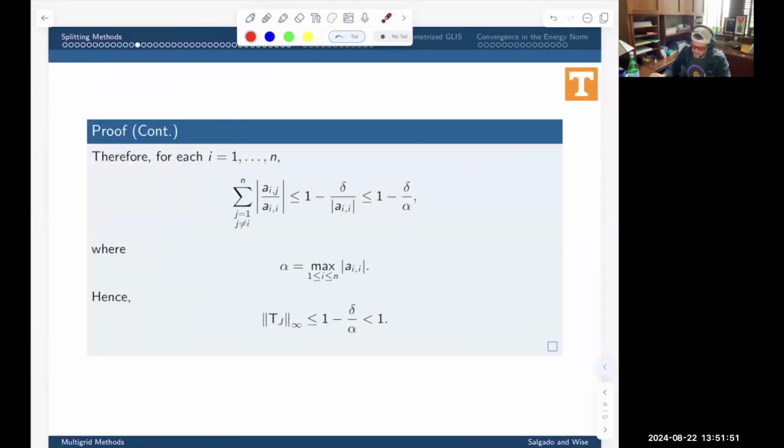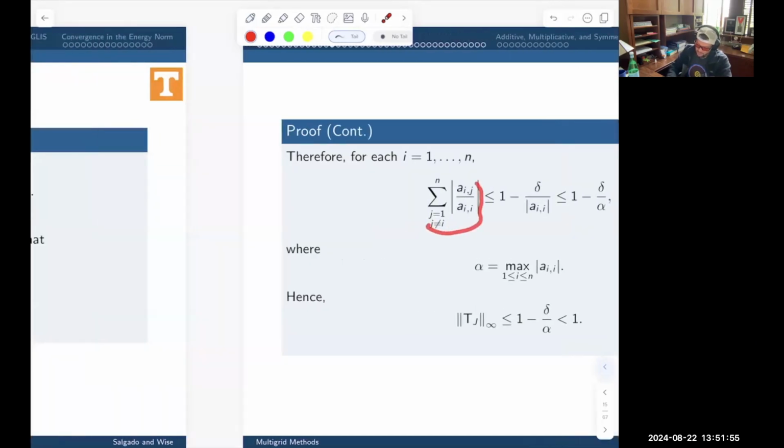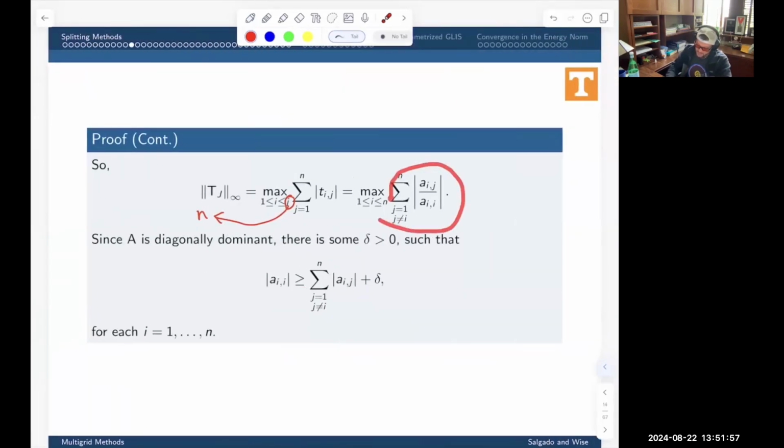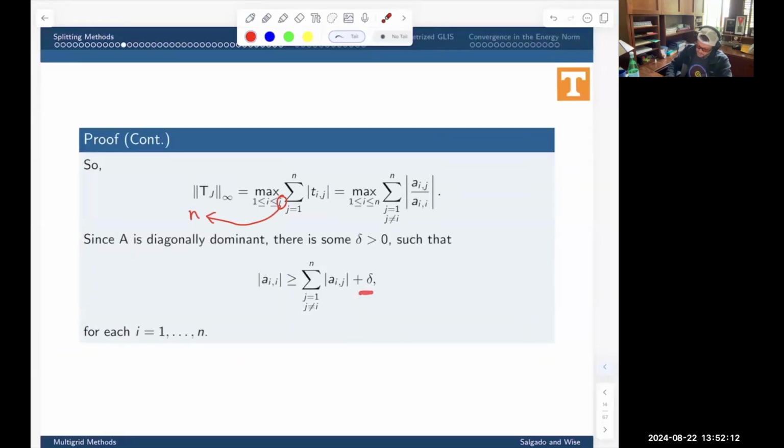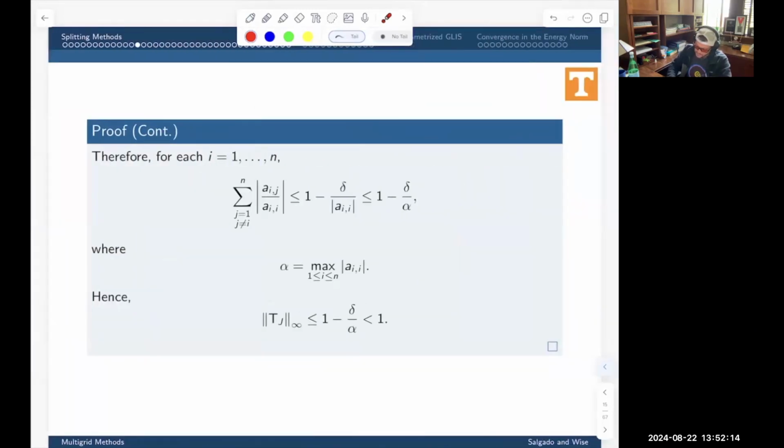Therefore, it's not hard to show that this sum here is the thing we have to show, that each one of these is strictly less than 1. And the way we do that is it's not hard to show that this number is less than 1 minus delta over alpha. Delta is the number that I introduced over here, and alpha is just equal to the maximum absolute value of the diagonal entries.